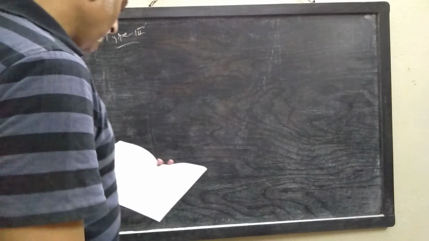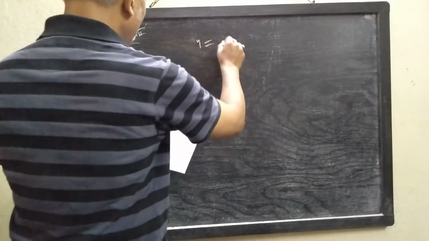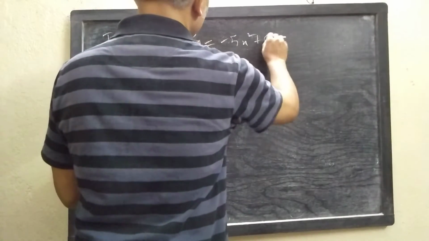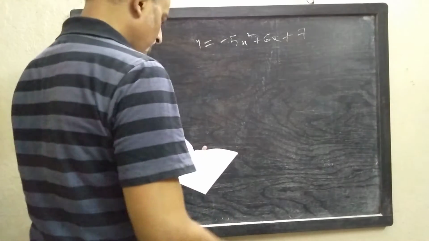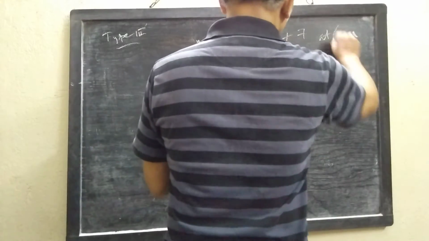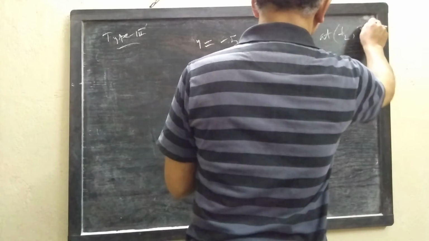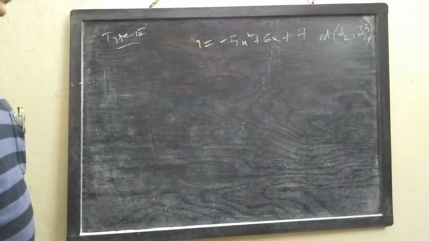First problem, find the equation of the tangent to the curve y equals minus 5x square plus 6x plus 7 at the point (1/2, 35 by 4).